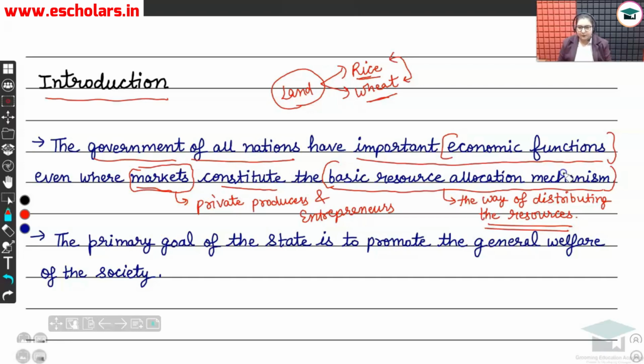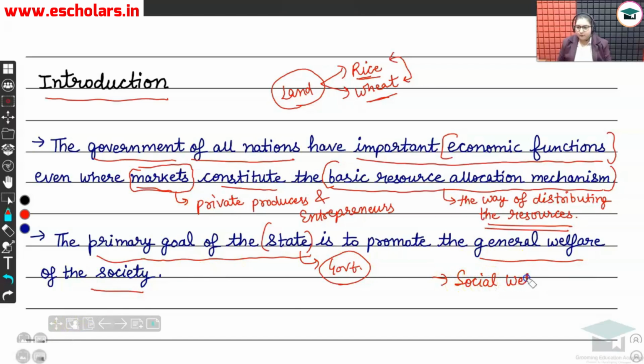Okay, so let's talk about the primary goal of the state. Here state means the government. Students, the primary goal of the government, or you can say the important goal or aim of the government, is to promote the general welfare of the society. That is to do the social welfare.